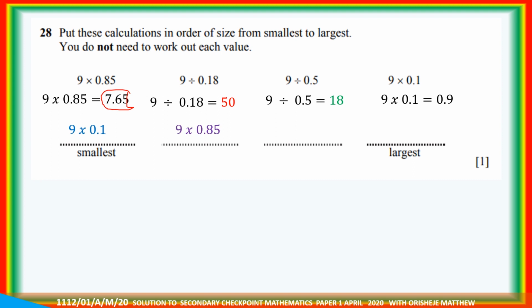Then after that, I have 18, and finally I have 50. So that is what you are supposed to do. You do not need to work out each value. That's why I'm putting the same question as the answer. I'm ordering them like that.